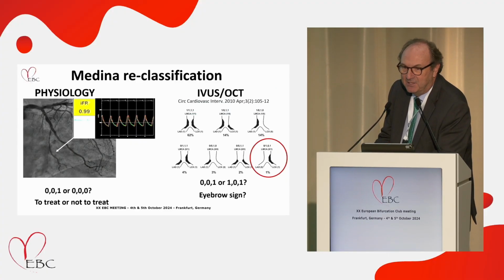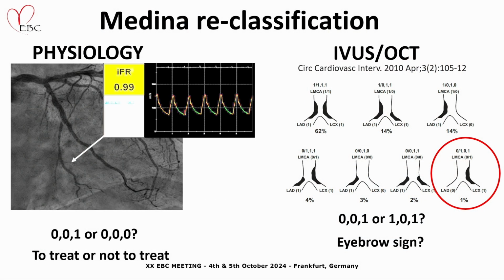Regarding this type of lesion, as has been previously mentioned, we need a Medina reclassification, Medina physiology and Medina IVUS or OCT. Sometimes if you use physiology, you reclassify the lesion, as previously mentioned, from 001 to 000, so you don't need to treat it. This is the first approach.